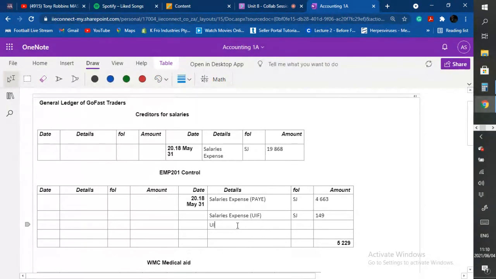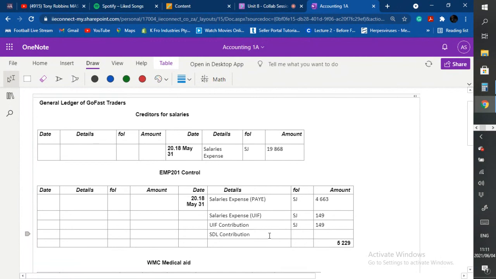Why is it UIF contribution now? Because this is coming now from your employer. All right, so again, salaries journal under folio, and it's going to be the exact same amount. Remember, it's 1%, 1%. And then here, SDL contribution again. Remember, SDL is a contribution that comes from the employer. The employee never pays that thing.